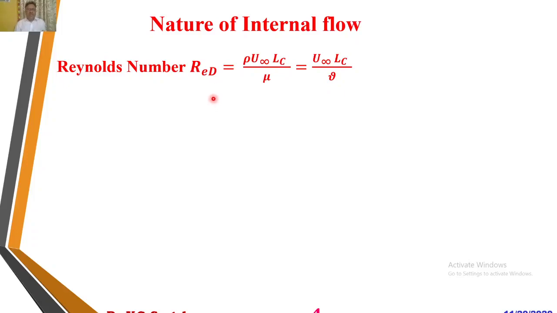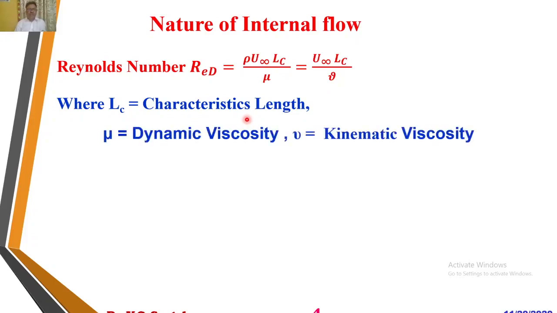So please bear in mind this notation: Re suffix L for external flow and Re suffix D for internal flow. In the above equation, Lc is called the characteristic length or significant length, mu is dynamic viscosity in Pascal second, and nu is kinematic viscosity in meter square per second.